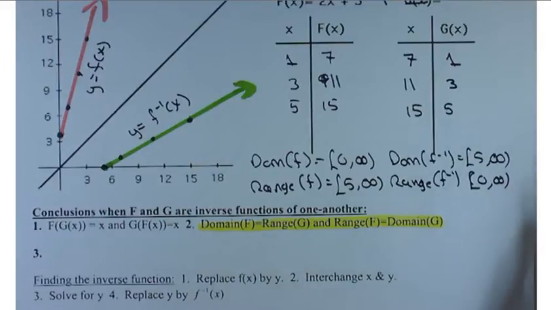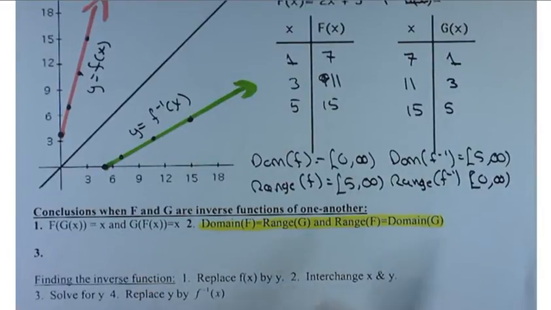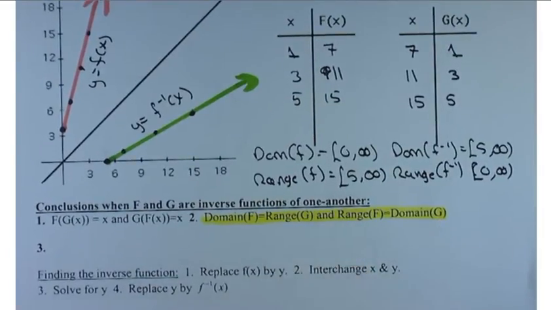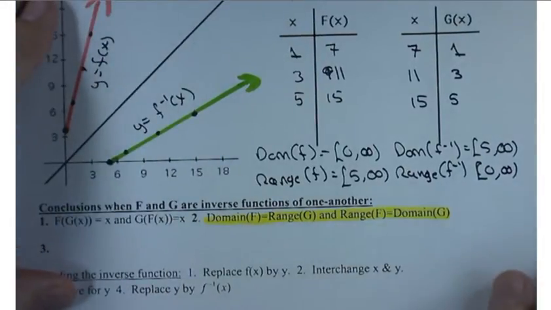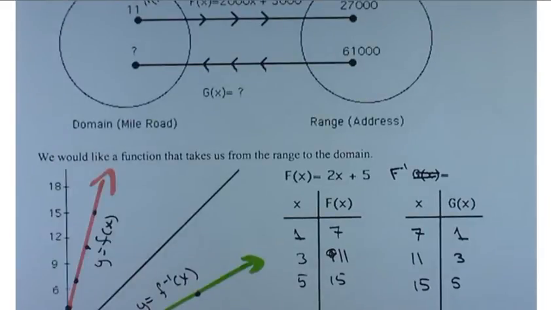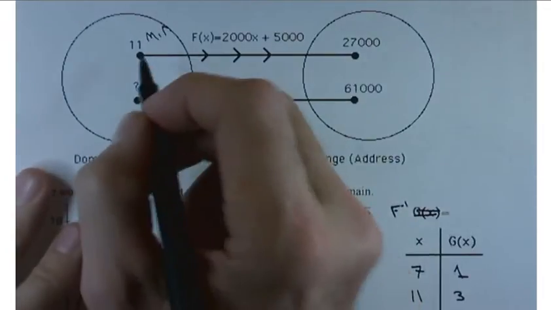What else? We need to know how to calculate. Here's the steps in calculating the inverse. One thing about the function and its inverse that is kind of helpful is this understanding.